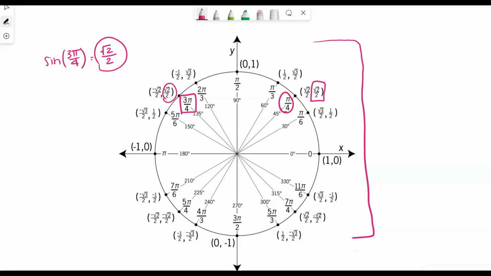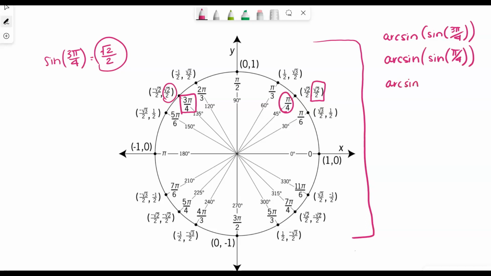So for this particular value, our original was arc sine of sine of 3pi/4. Oops, sorry, I dropped the sine. Arc sine of sine of 3pi/4, we can rewrite this as the arc sine of sine of pi/4.